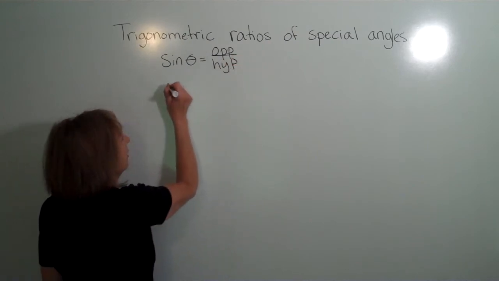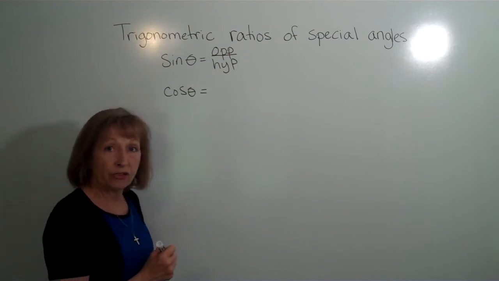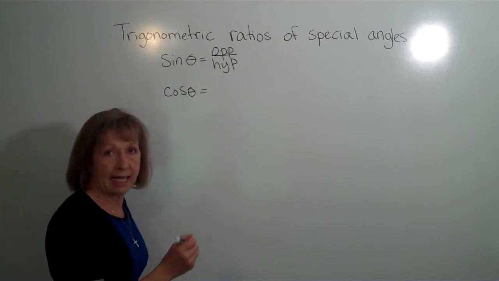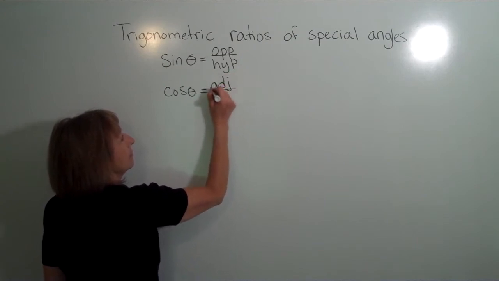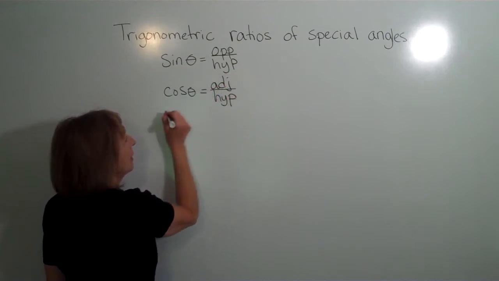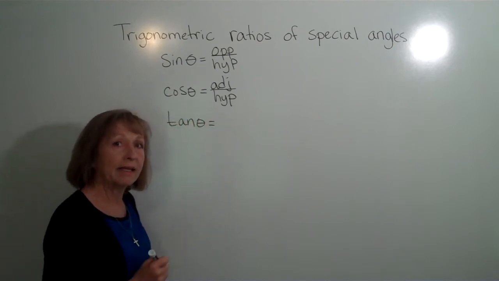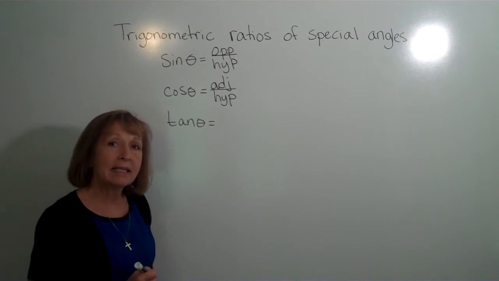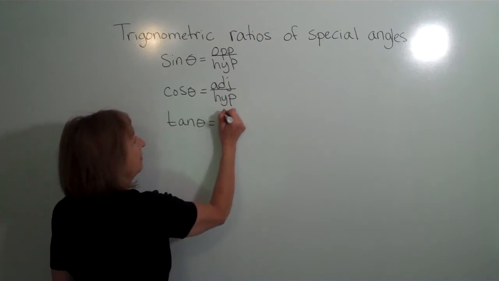The cosine of an angle theta in a right triangle is the adjacent side divided by the hypotenuse. The tangent of an angle theta in a right triangle is the opposite side divided by the adjacent side.